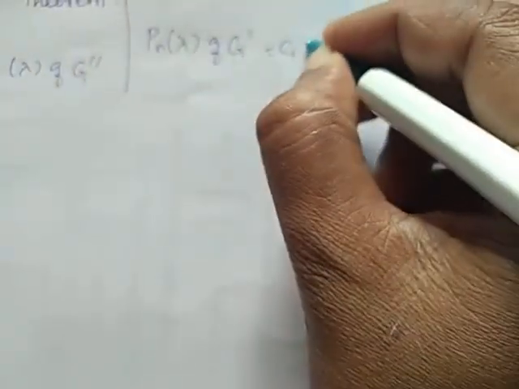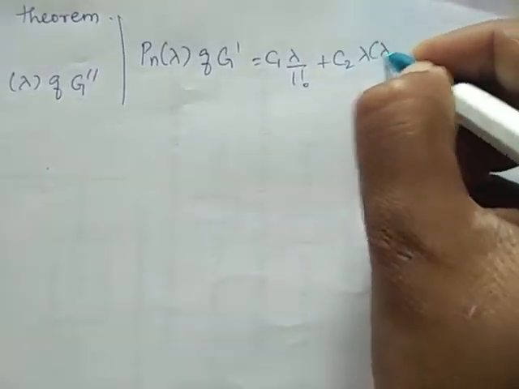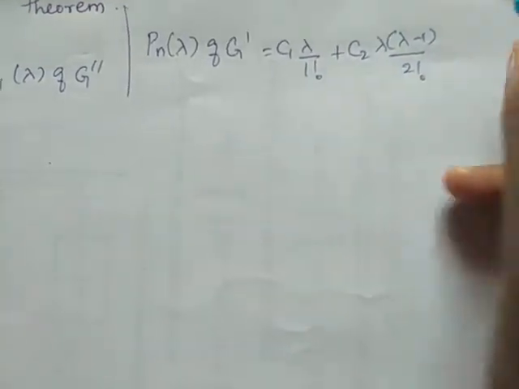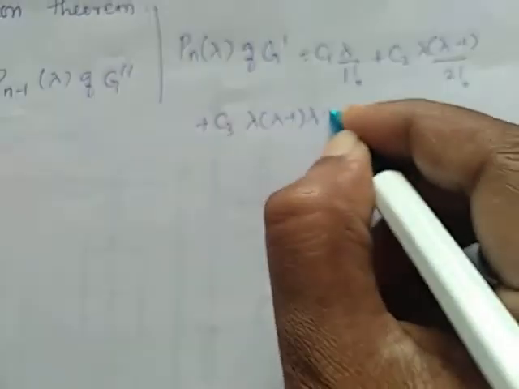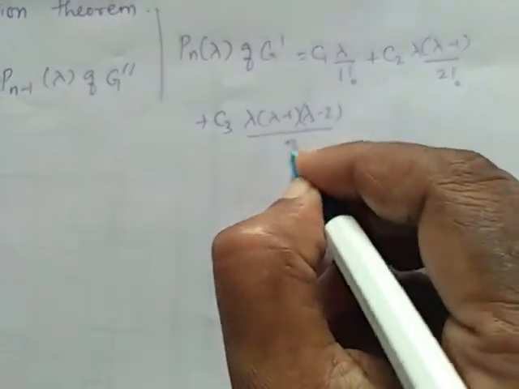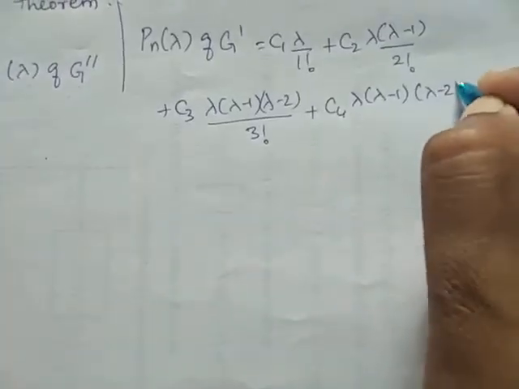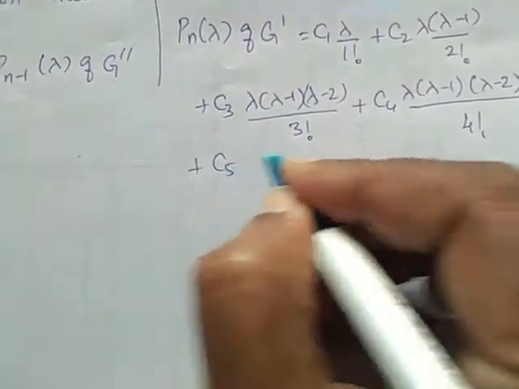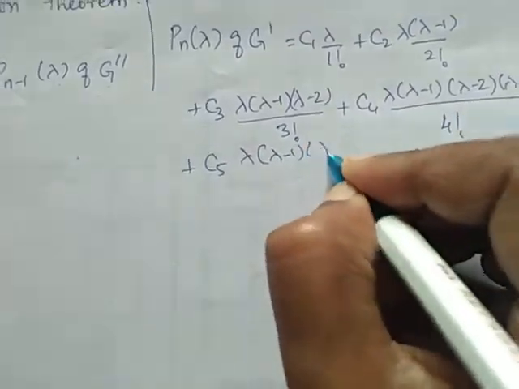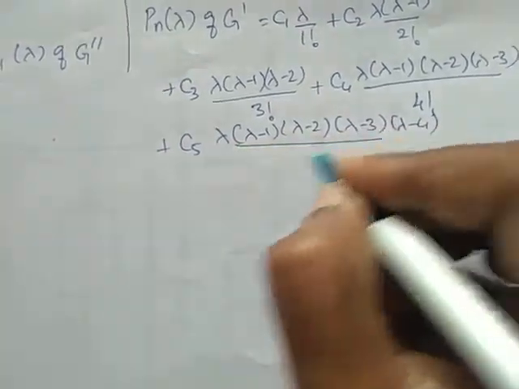C1 lambda by 1 factorial plus C2 lambda into lambda minus 1 by 2 factorial plus C3 lambda into lambda minus 1 into lambda minus 2 by 3 factorial plus C4 lambda, lambda minus 1, lambda minus 2, lambda minus 3 by 4 factorial, and at last C5 lambda, lambda minus 1, lambda minus 2, lambda minus 3, lambda minus 4 by 5 factorial.